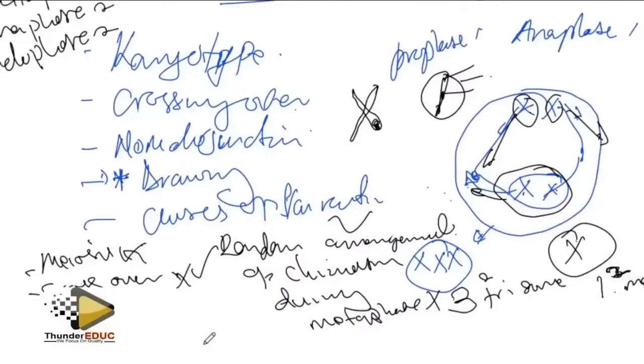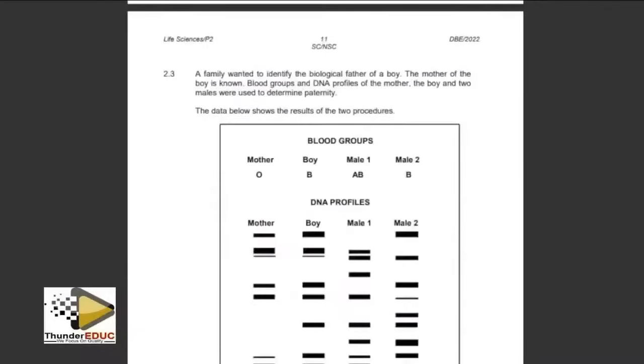Then you talk about crossing over, random arrangement of chromosomes, and then mutation. Then you don't talk about random fertilization or random mating. You don't talk about it.